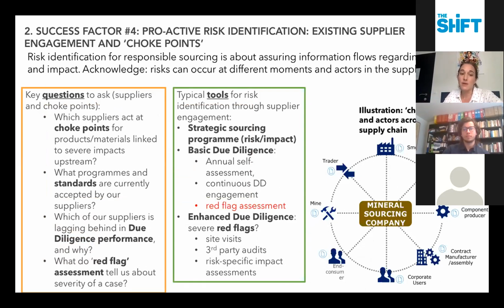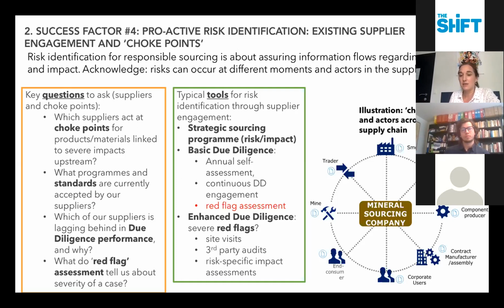So we typically talk about choke points in the supply chain, and these are, for example, in the minerals supply chain, which is taken here as an example, smelters and refiners. They are really very important, and they have a lot of information about the different types of suppliers that come together in their role in the supply chain.